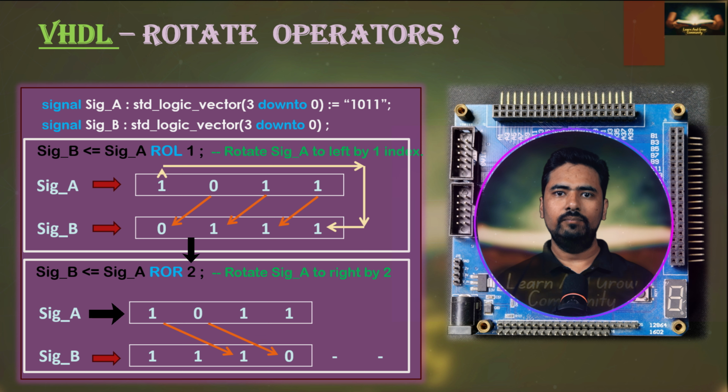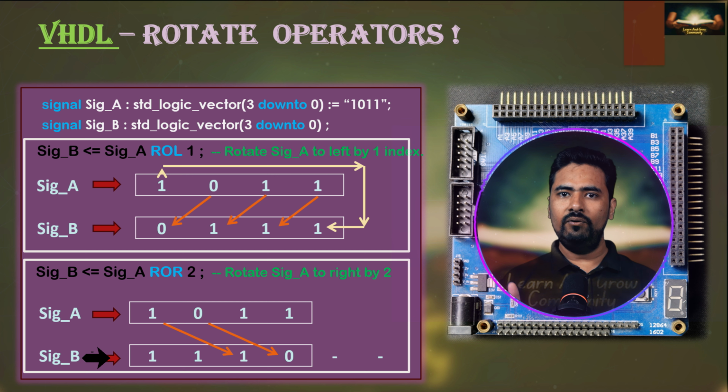Now in the second cycle, 1101 will become dash 110. Now replace the dash by 1, which is the shifted data. So 1101 will become 1110, and this will be assigned to signal B. Meaning in this statement, if signal A is 1011, then signal B will be 1110.